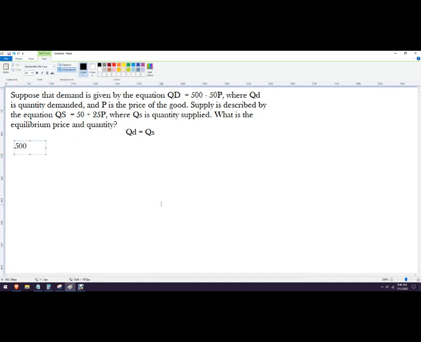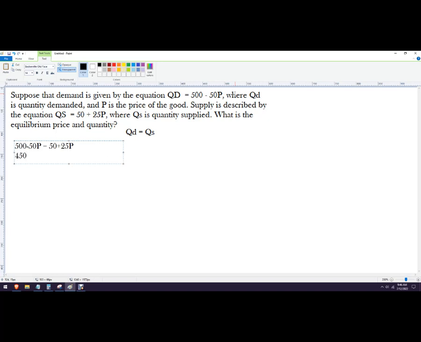So the demand function is right up here. It's 500 minus 50p. And then we're going to set that equal to the supply function, 50 plus 25p. Okay, and then I'm going to rearrange some stuff.